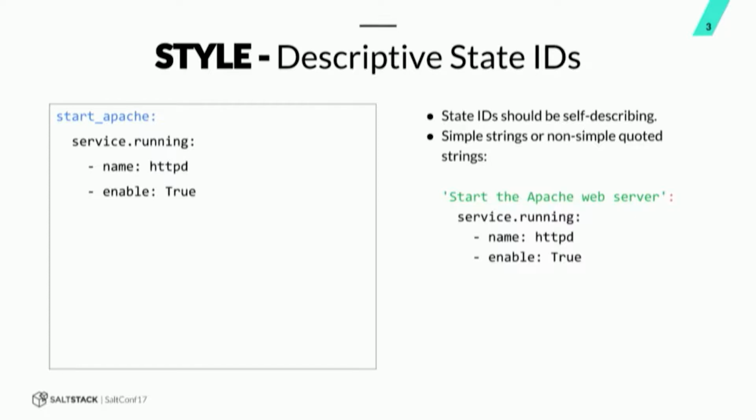And the very first one is use descriptive state IDs. It sounds kind of obvious, but that state ID, as long as you specify a name argument, which we'll circle back to, is just an arbitrary human-friendly identifier to be able to find that state in the giant dictionary that is a state tree. And so the more descriptive you can be, the more self-describing you can be, the better.